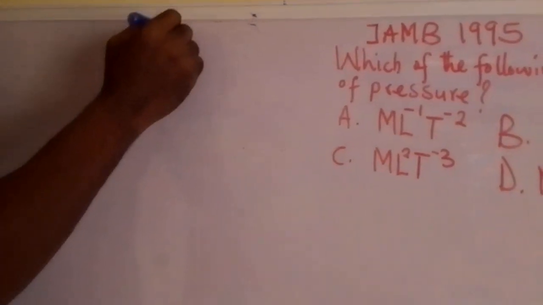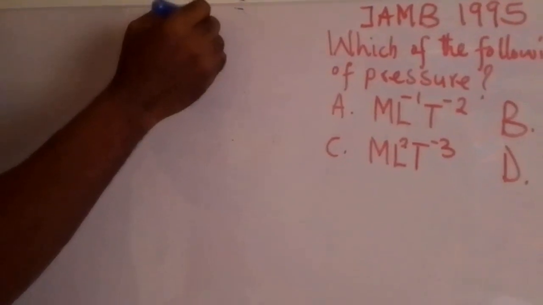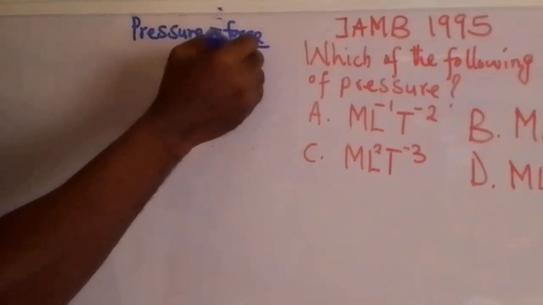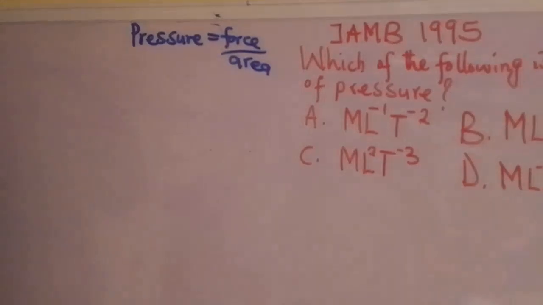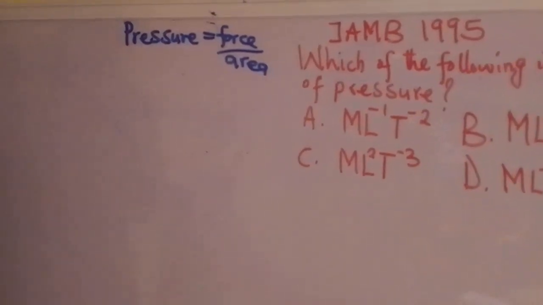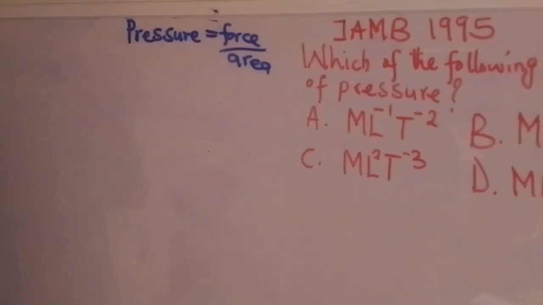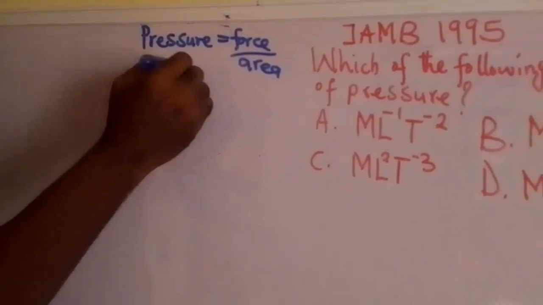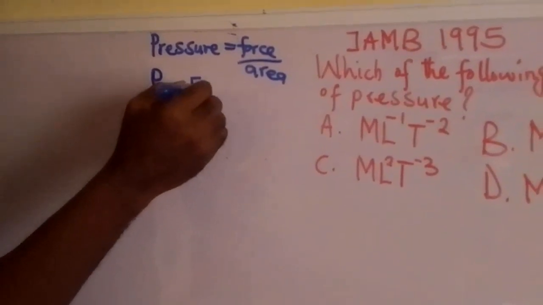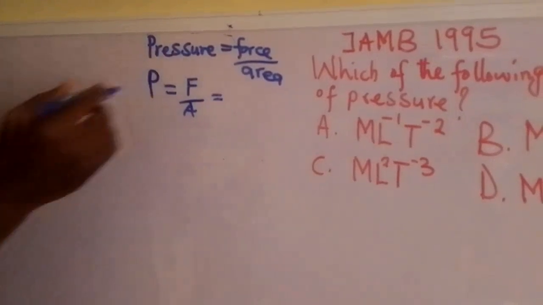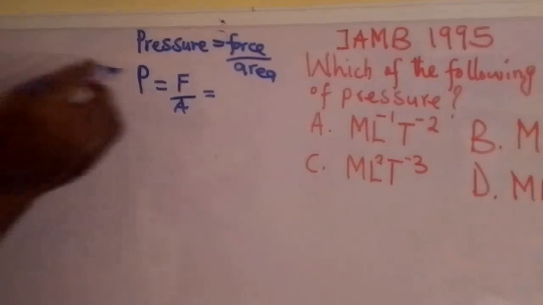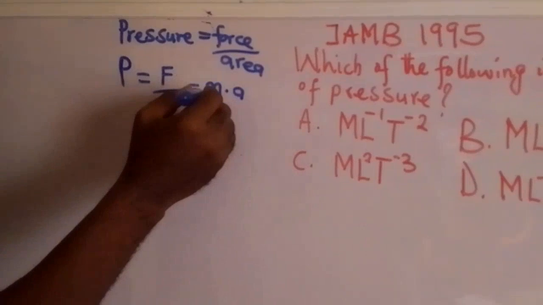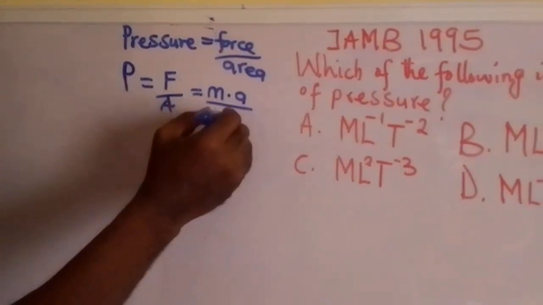In physics, we know that pressure is force over area. You are the one to remember this because they didn't give you the formula for pressure. So you simply have to remember the formula. So pressure P is F over A. Remember, in physics, force is mass times acceleration, then divided by area.